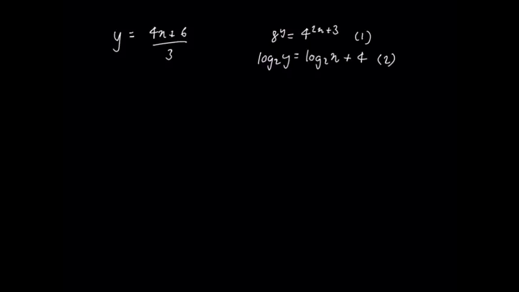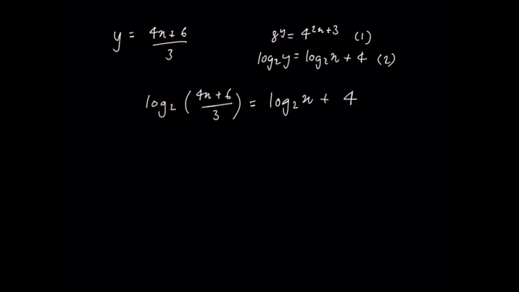So we can now write equation 2 as log to the base 2 of 4x plus 6 over 3 is equal to log to the base 2 of x plus 4. That 4 by itself is causing us a little bit of a problem at the moment, but we can soon get rid of that problem because we can actually write the number 4 in terms of a log to the base 2.